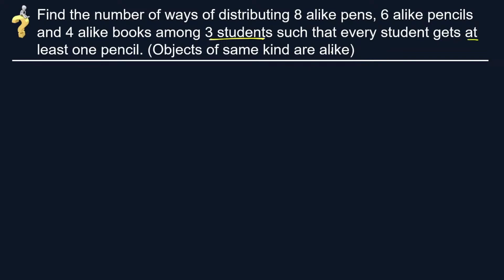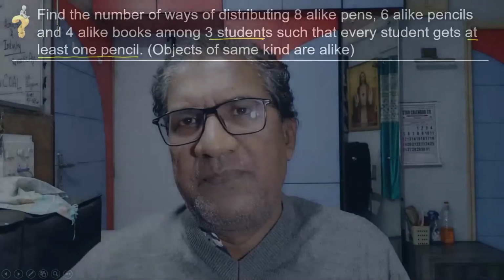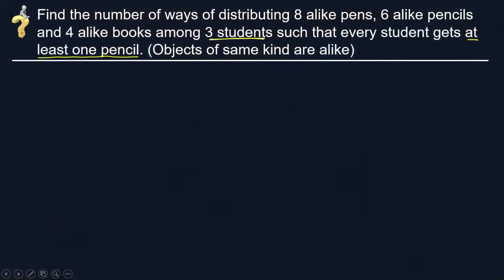Now, again, this is creating a problem. At least 1 pencil. Objects of the same kind are alike. In this case, we would have used Beggar's method directly in the first hand. But since a restriction is given for the pencil, I cannot use that Beggar's method directly here. So what to do? Let us see.